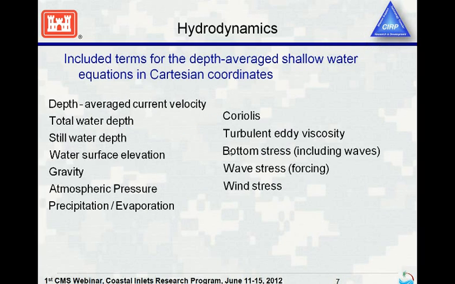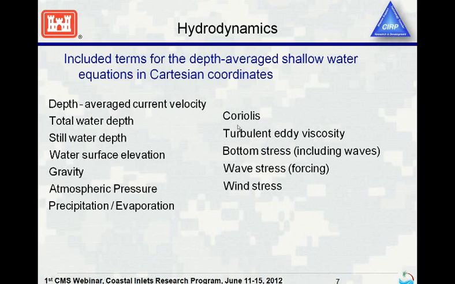For hydrodynamics, we have a depth average current velocity that's calculated. It uses the total water depth forcing with water surface elevations, different types of other forcings. There's gravity, atmospheric pressure, precipitation, evaporation is coming in, if not already there in some versions of the code.